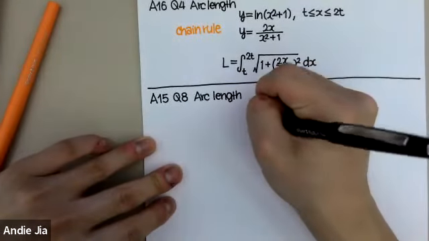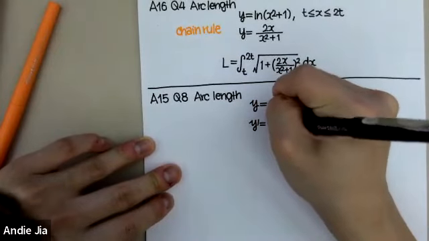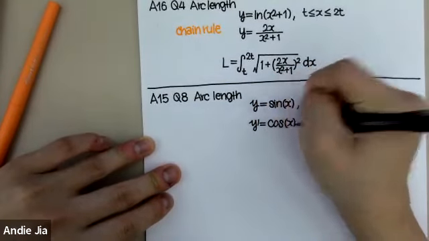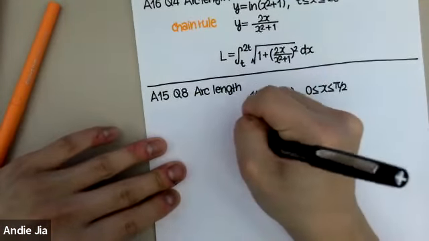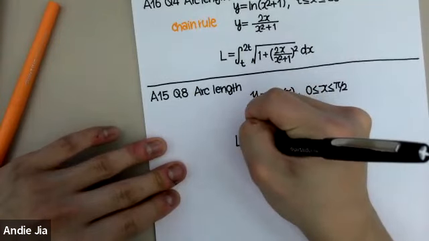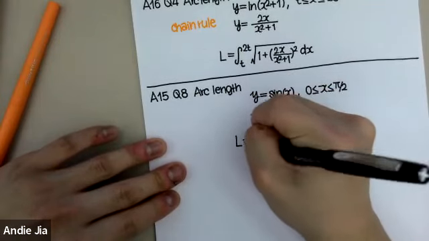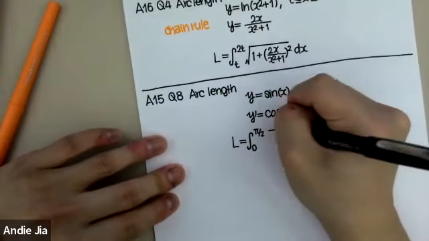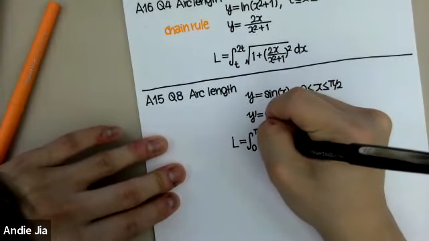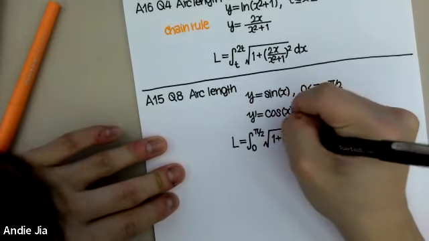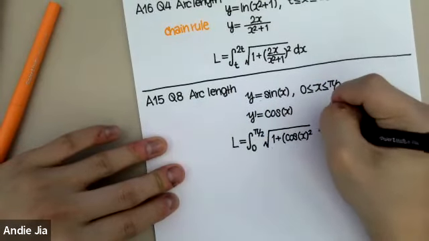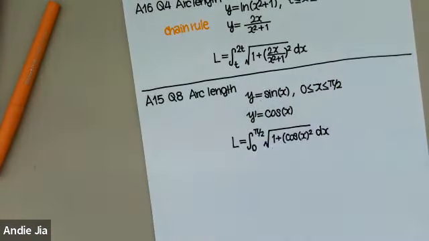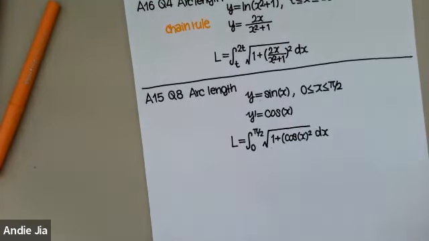We have y prime is cosine of x, and we have the integral from 0 to pi over 2 of the square root of 1 plus cos x squared. I don't think there's any more trig identity I can use for this integral, because a trig sub is impossible here.